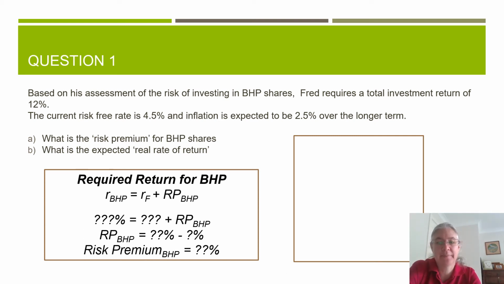Let's have a look at B. B is asking us what is the expected real rate of return. So we know the risk-free rate is made up of the real rate of return plus inflation. Okay, so we know the inflation is 2.5%. Do you know any of these other pieces of information? Do you know the risk-free rate?